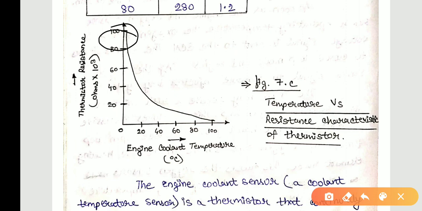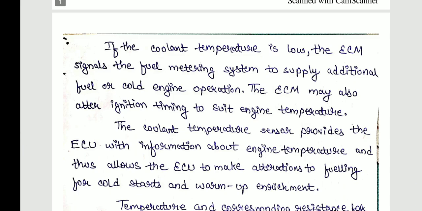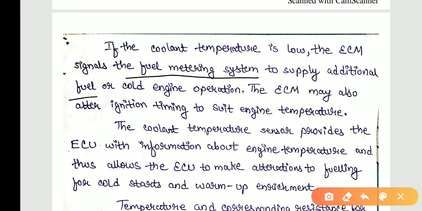So what is required at that time? More heat needs to be generated to increase the coolant temperature. How is it generated inside an engine? By burning the air fuel mixture. So the ECM signals the fuel metering system or the injectors to inject more fuel so that the engine warms up in a very short amount of time.